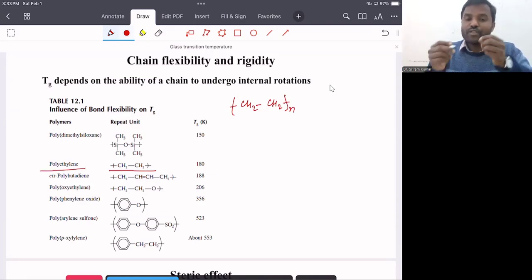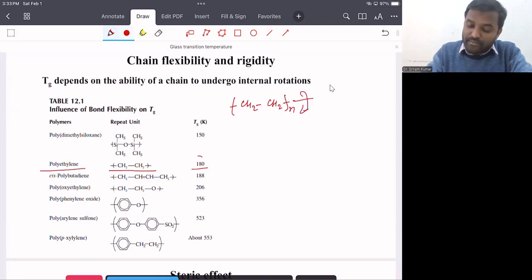So you have this kind of chain here. Because of the simple chain, there is free rotation around this bond. Because of this free rotation, it has flexibility. It has a lower glass transition temperature, 180 Kelvin.